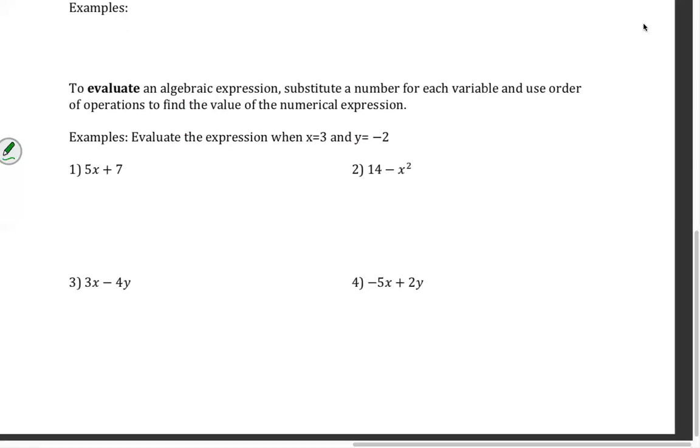So I'm going to underline substitute a number for each variable. Now here it says x is 3 and y is negative 2. I'm going to do that. Okay? So when I'm evaluating this expression, I'm going to simply replace the x with 3.